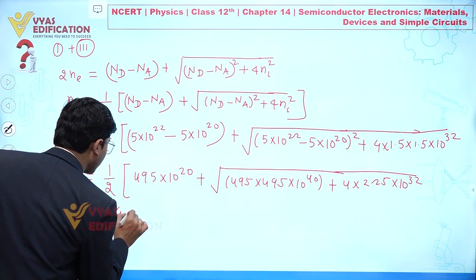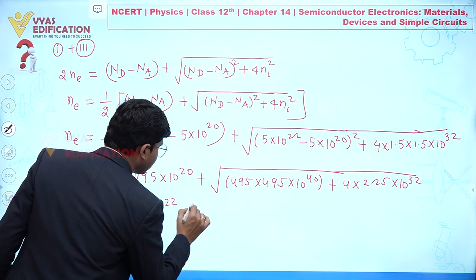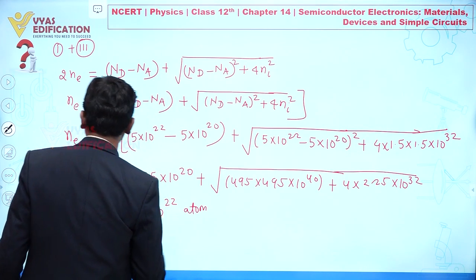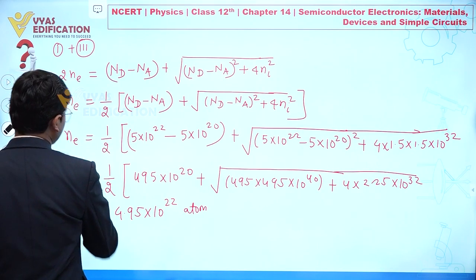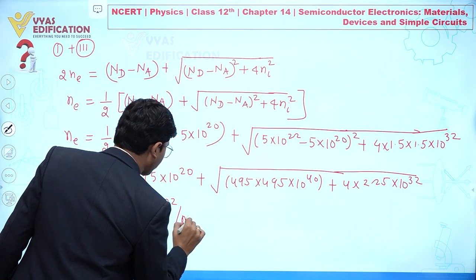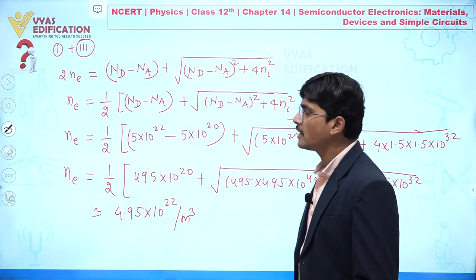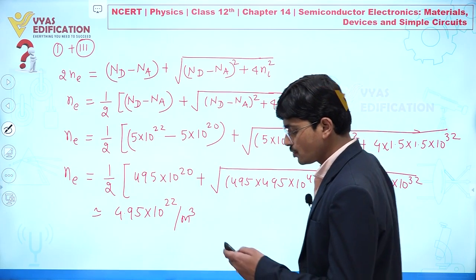4.95 into 10 to the power 22, and this is the number of electrons per meter cube. Clear? Similarly, you can find the value of Nh. How can we find it?